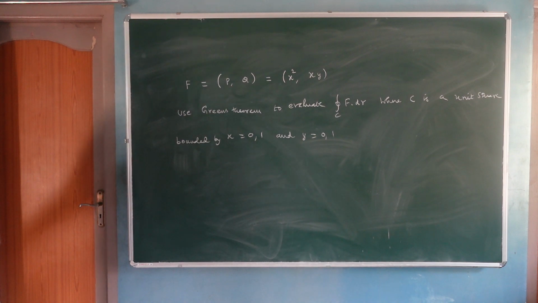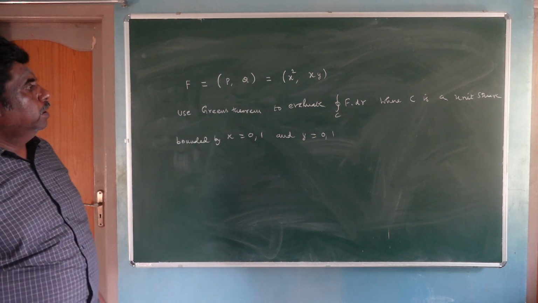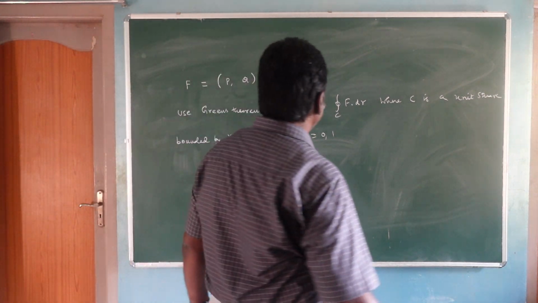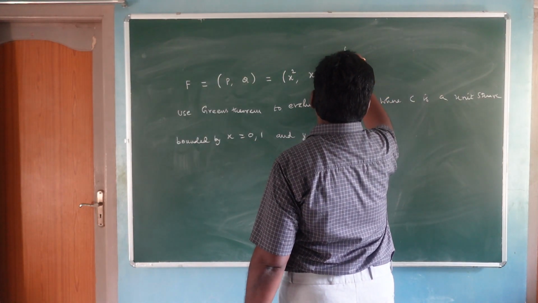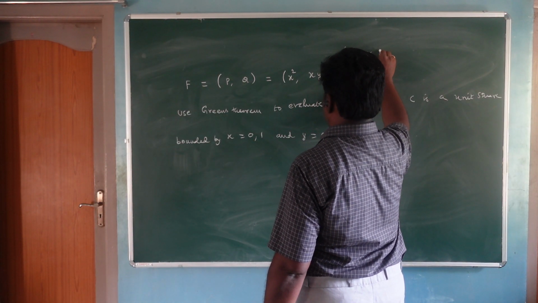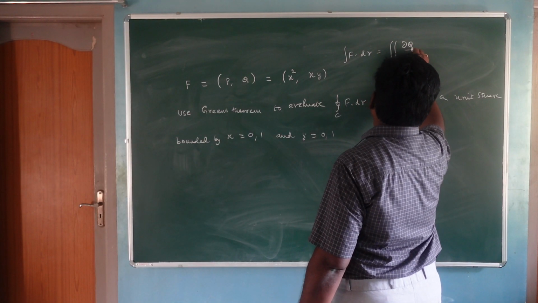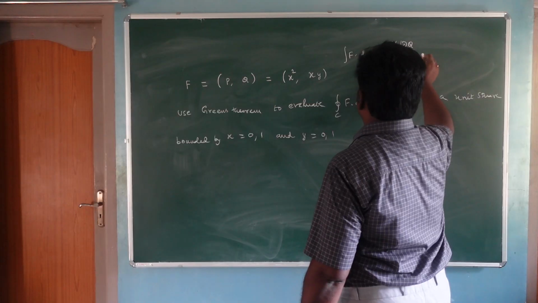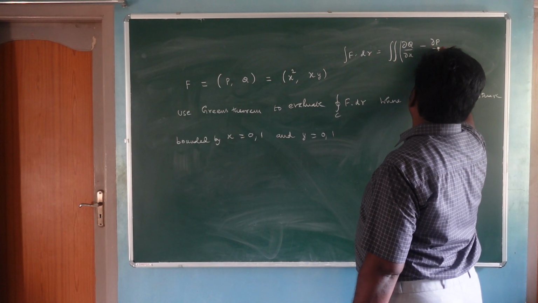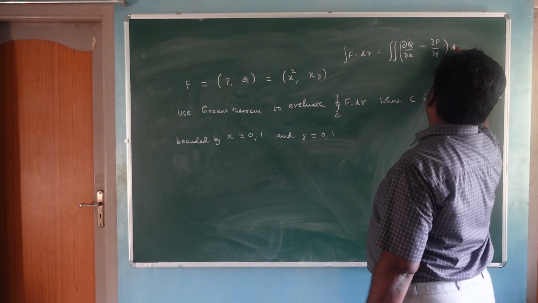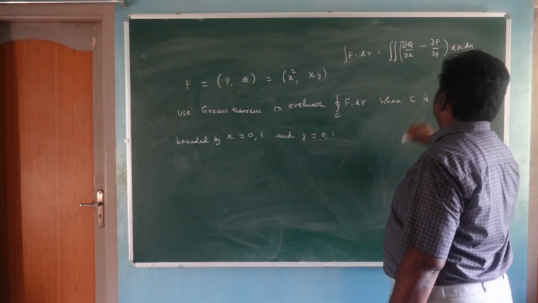Now you have to use our theorem, that is integral F dot dr, which is equal to the double integral of (dou Q by dou x minus dou P by dou y) dx dy.